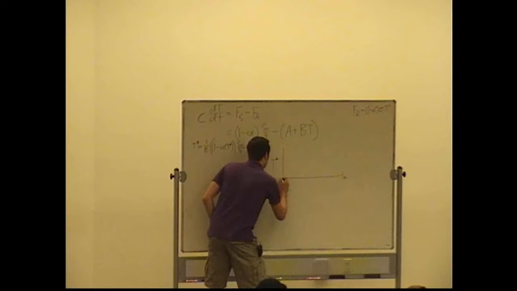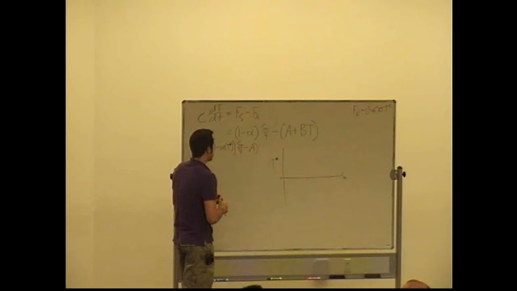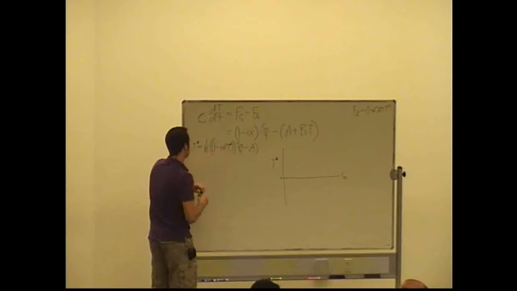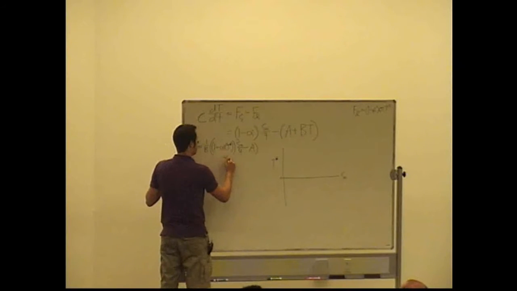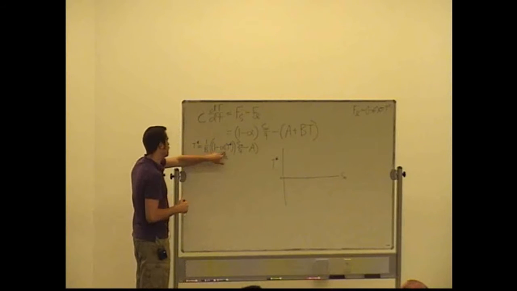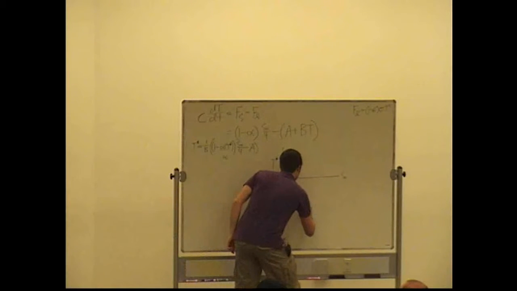And so this would be T star equals 0. And at cold temperatures, we're going to have a value of alpha c here. Alpha c is high, so that means that 1 minus alpha c is low. So we're going to have a relatively low slope, like this.